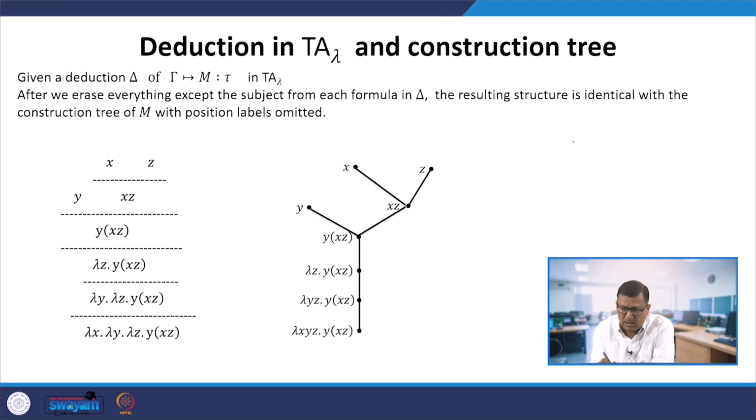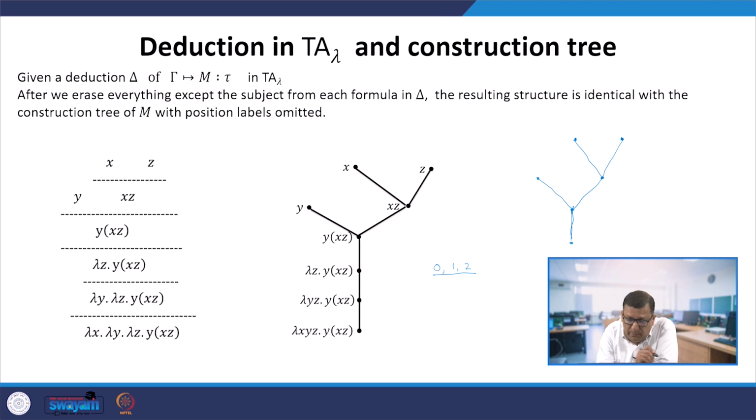Suppose we are given a construction tree of a term and it looks like this. We are taking only this part, up to here. For position levels, we see the symbols are 0, 1 and 2, and on the right hand side of these nodes we write the position levels.